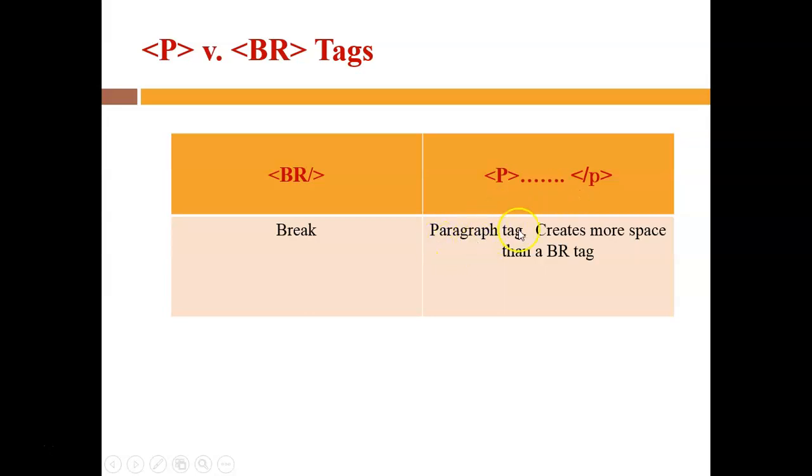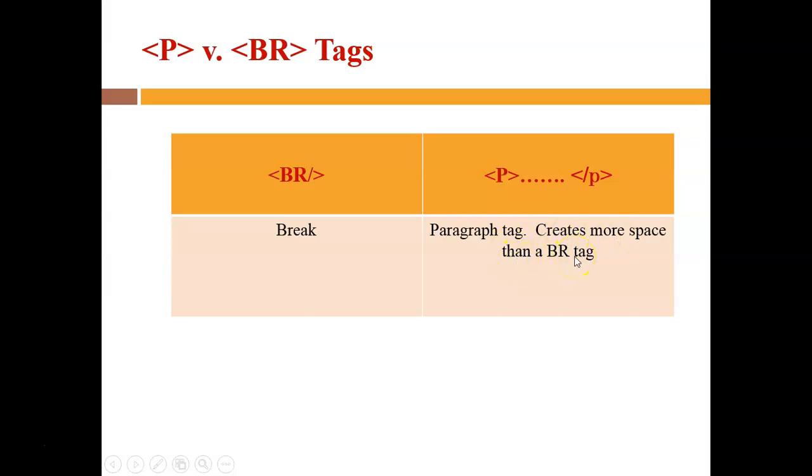See here, a paragraph tag. That means whichever data we want to write, we'll just write in between this paragraph, and if you want to break that line and start a new one, we use a BR tag. So the P tag creates more space than the BR tag.